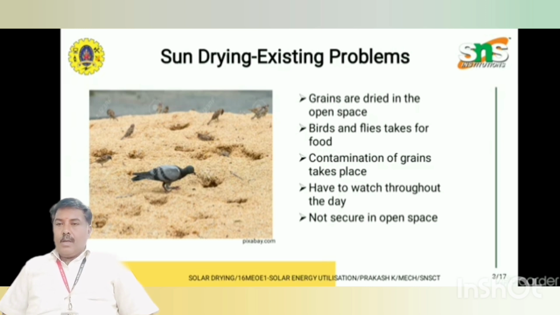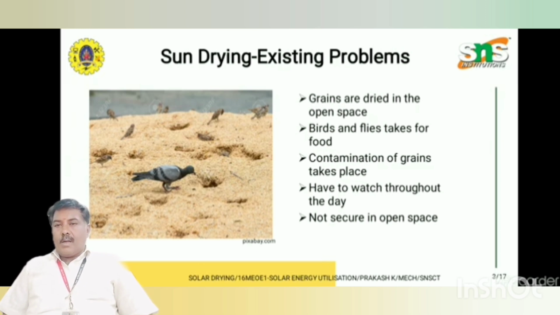But the existing problem in open sun drying is that birds and flies take the food materials from these grains. So contamination of the food material takes place, and as it is placed in the open area, there are dirt and dust particles, and infection by insects and animals takes place.